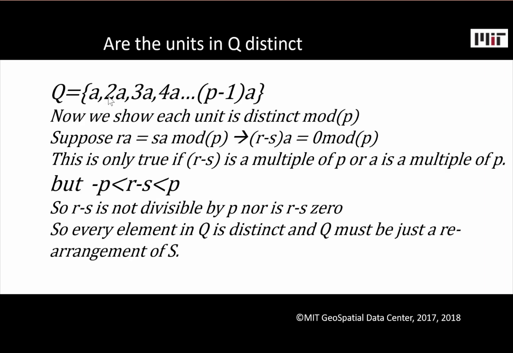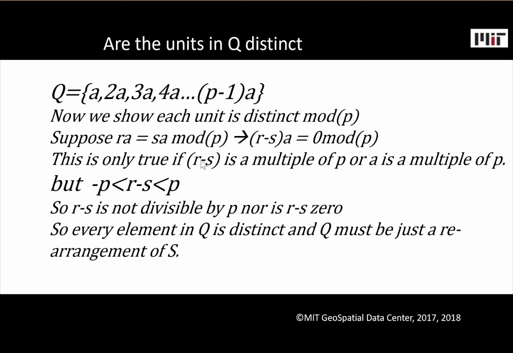But we need to show that each of these values is distinct with respect to modulus p. So let's suppose we have r times a and s times a. Basically, we need to show that they cannot be equal, so (r minus s) times a can't be 0 mod p. The only time it could be 0 is if r and s are equal, but we've said that they're not equal.